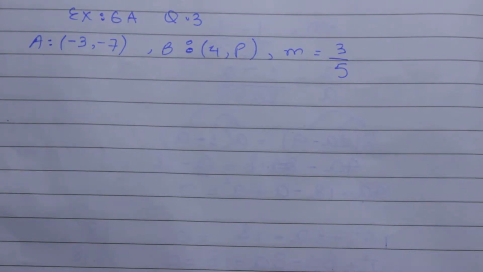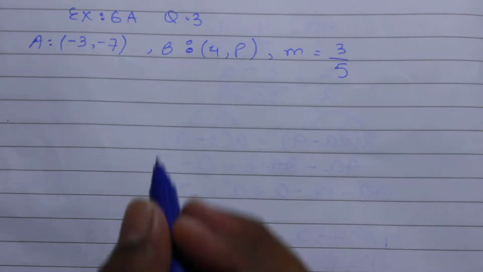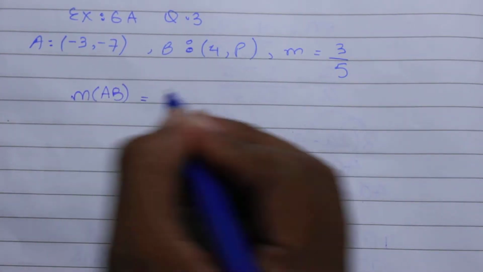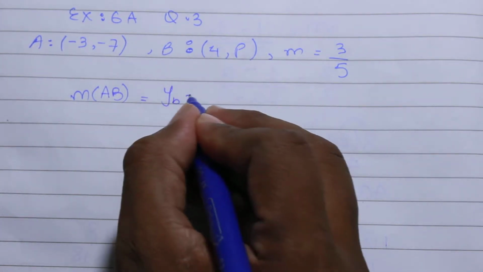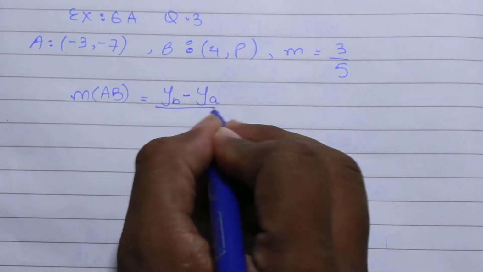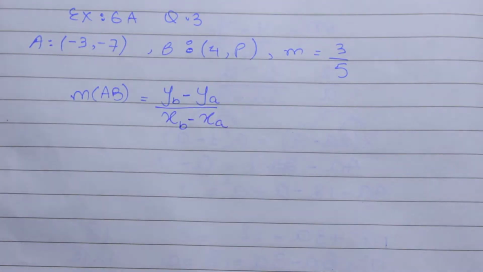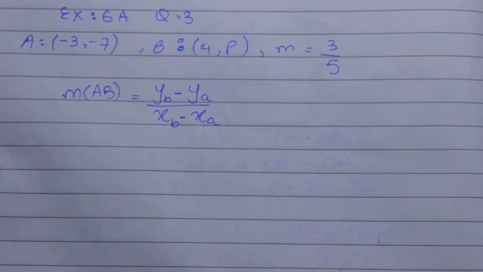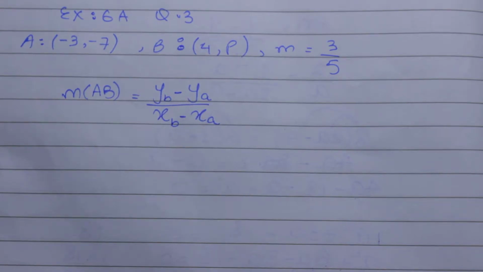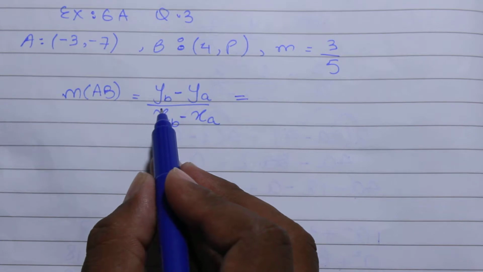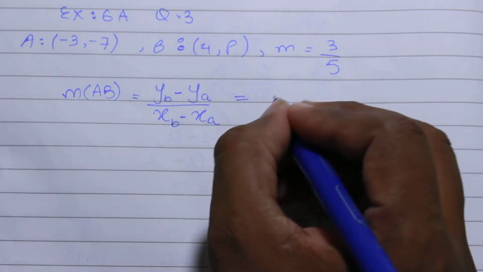What we have to do is simply write the formula of gradient, which is m of AB is equal to y of B minus y of A, in the denominator x of B minus x of A. Simply replace the alphabets with the given values in the question. I have YB as P, so I will write P here.